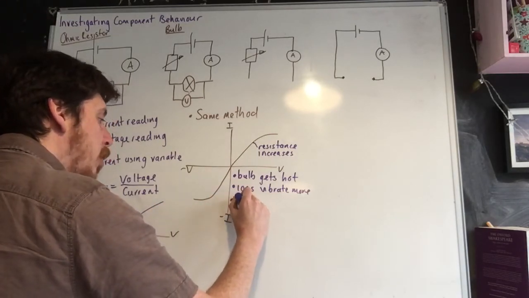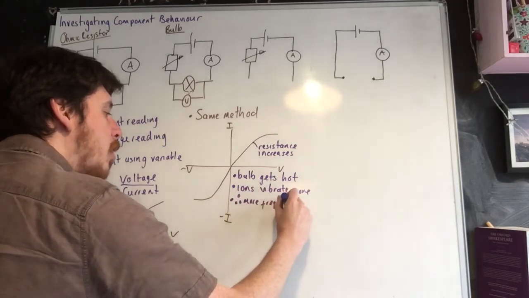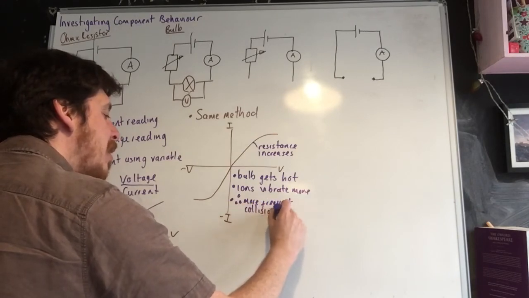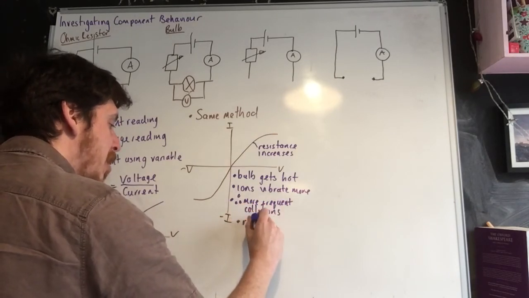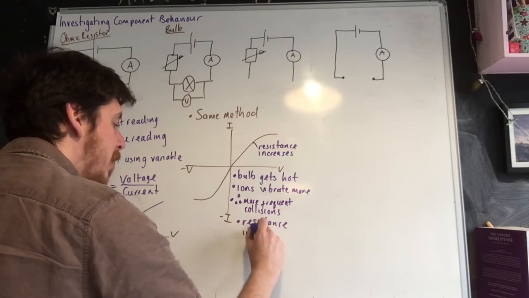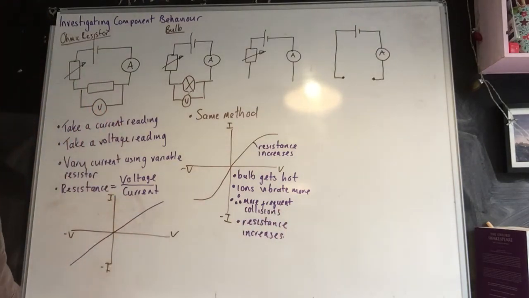So therefore there are more frequent collisions, and as a result the resistance increases. So if you're asked to explain that phenomenon, that's what you would get for a bulb.